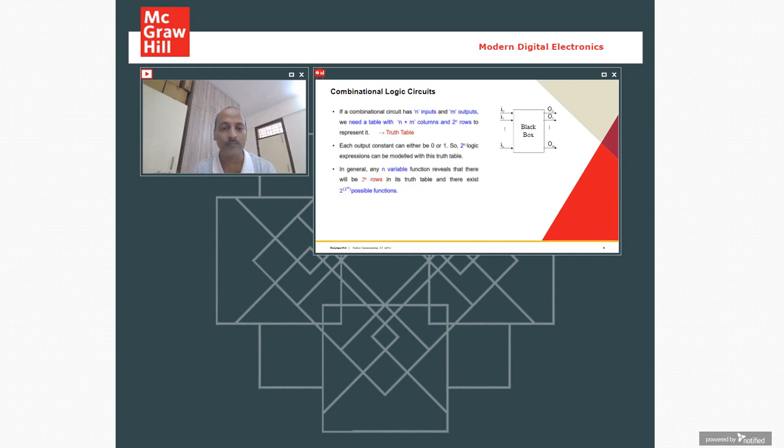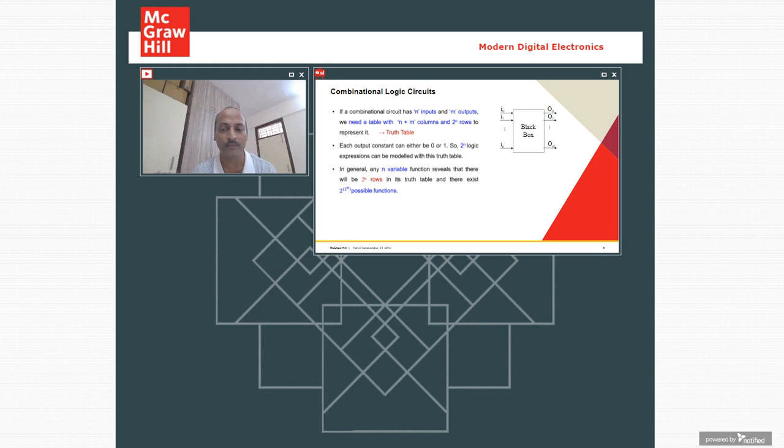The generalized combinational logic circuit, when we say there are n inputs and m outputs, then with respect to n inputs, there will be 2 to the power n rows in a matrix. Okay, that is a truth table, what we call. And with m outputs, the number of columns will be n plus m, and the length of the matrix will be 2 to the power n.